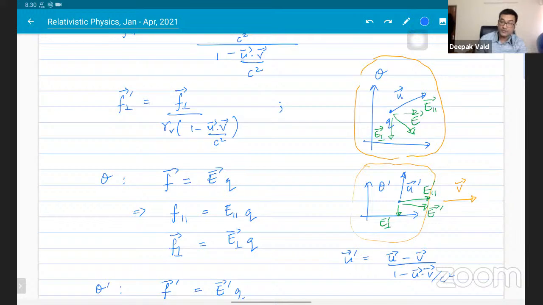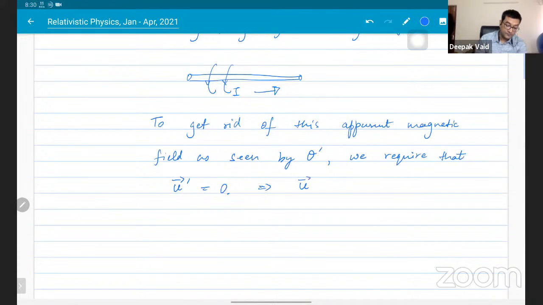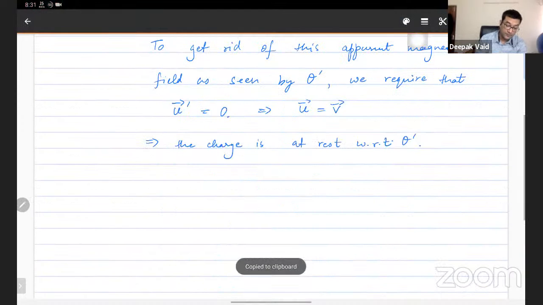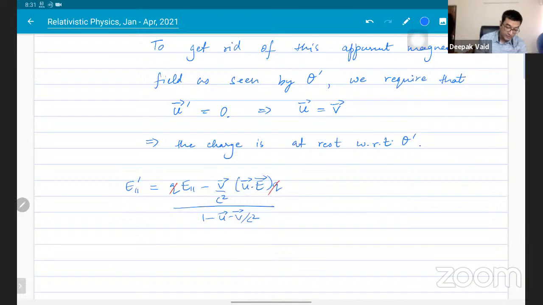So that means u is equal to v. This implies that the charge is at rest with respect to O prime. Okay. So now let's look at this equation again.